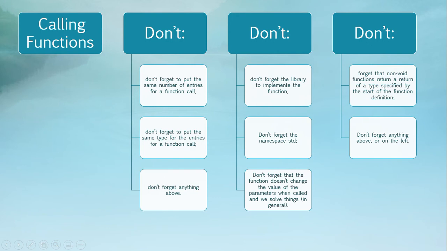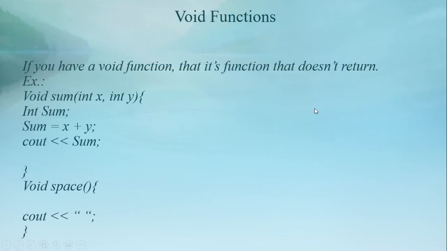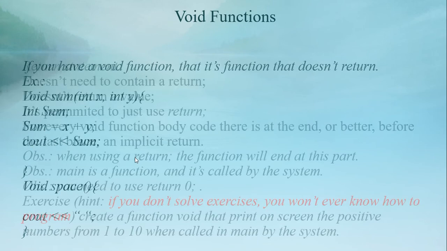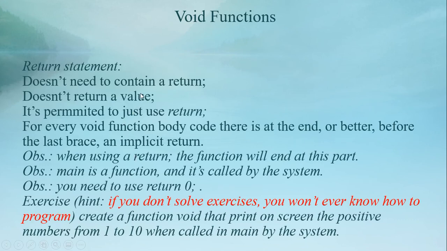Right? So void functions don't return. As we'll see, a void function is a function that doesn't return a value. So we have this void function. We cannot return anything. Great. A return statement doesn't need to be contained in void functions.